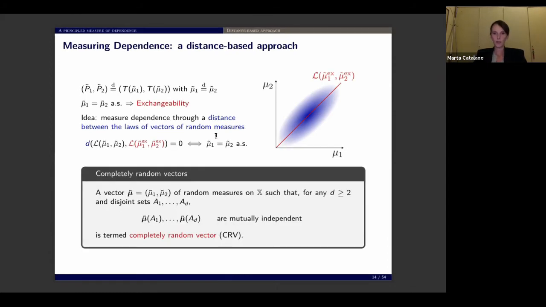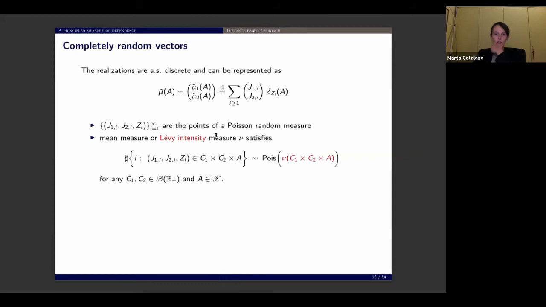We will focus on a broad class of vectors of random measures which have jointly independent increments. Okay, so these extend the completely random measure to a multidimensional context, and for this reason we decided to call them completely random vectors, CRVs. So a couple of remarks on these CRVs. First of all, they can also be represented as almost surely discrete random measures.